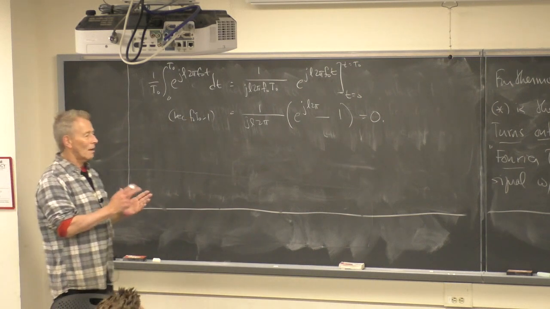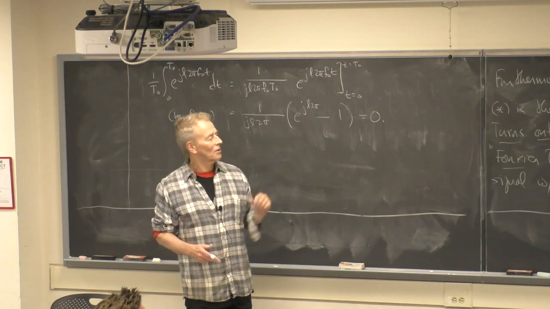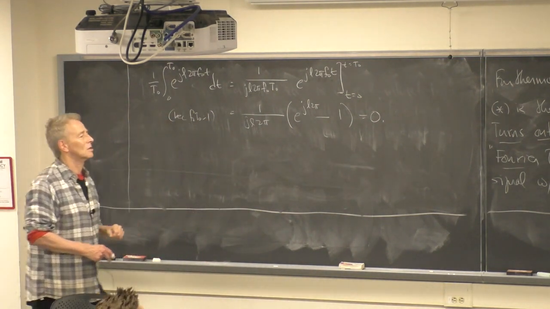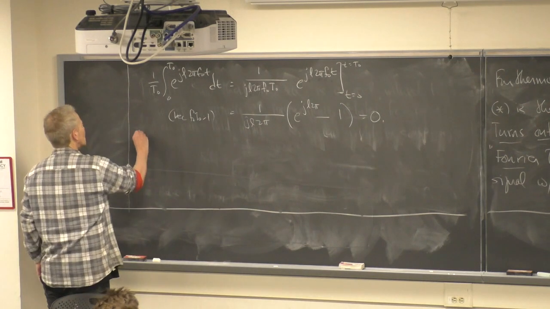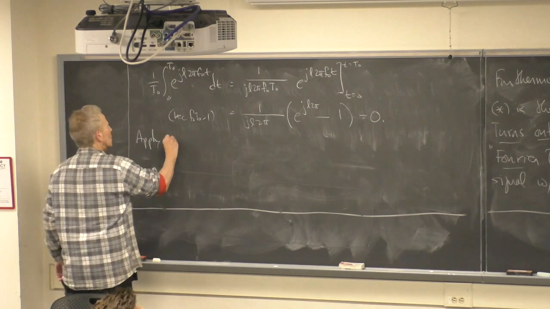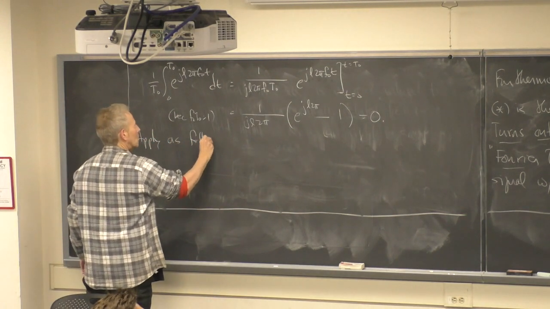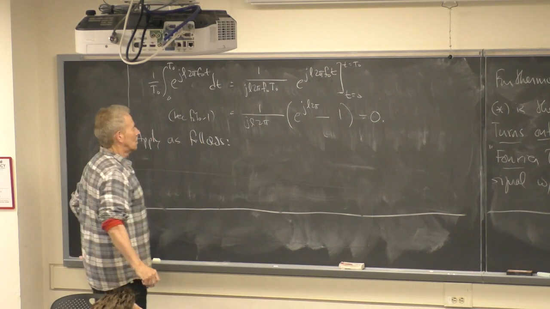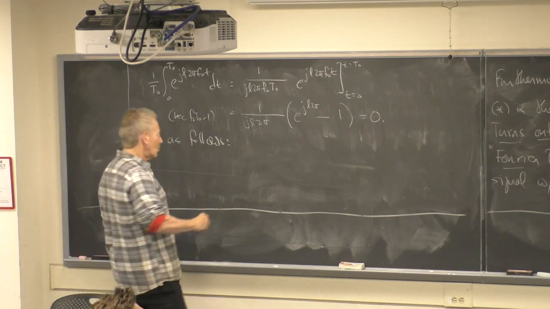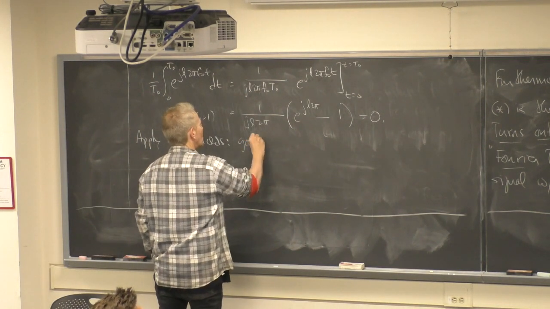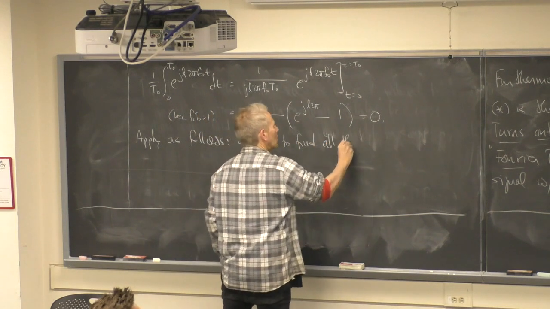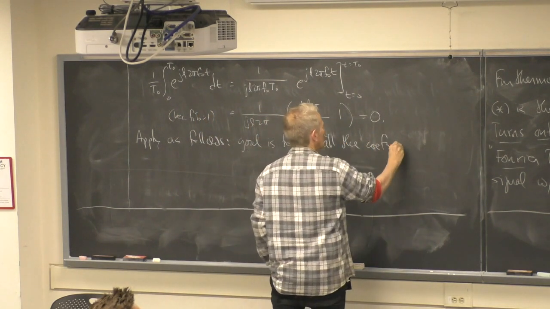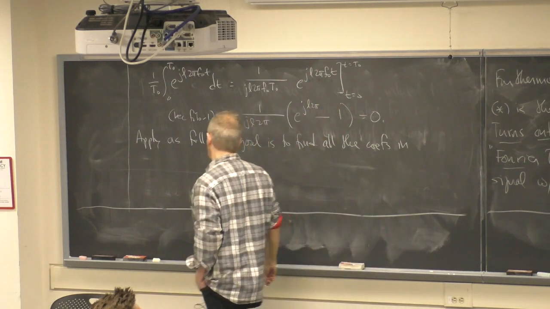All right. So that basic fact enables us to figure out the Fourier coefficients, a sub k for x of t. So let's apply this as follows. Our goal is to figure out all the coefficients in a Fourier expansion.